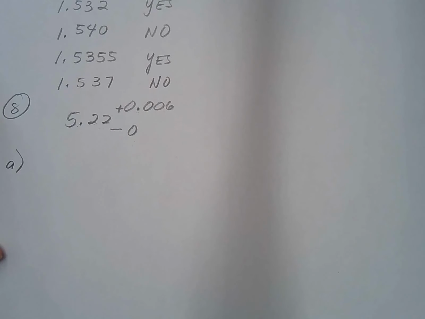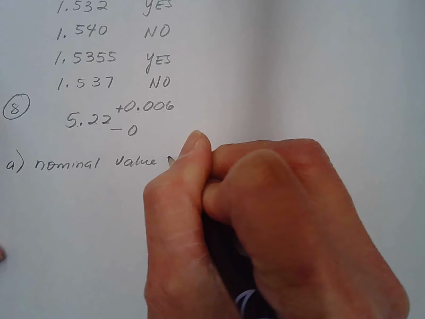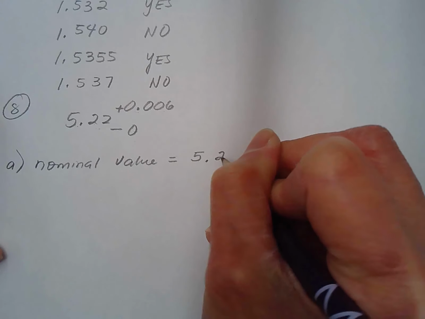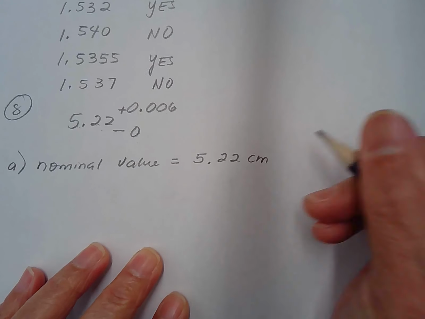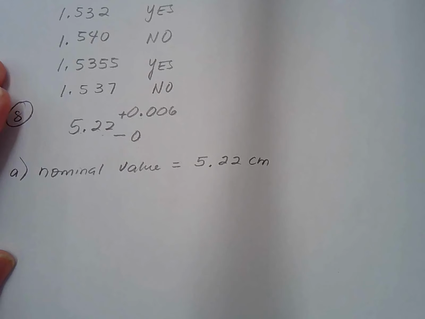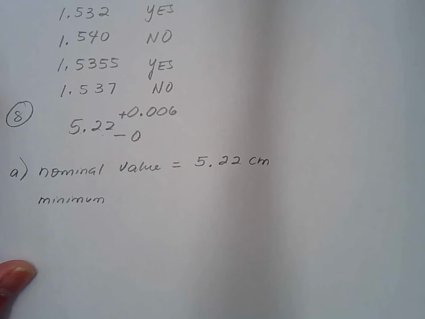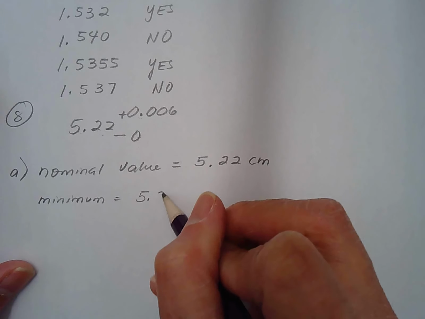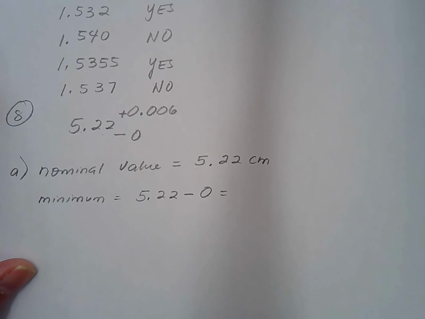So first one, nominal value. Nominal value would be, what are we hoping to get? We're hoping to get 5.22 centimeters. That's our target, our nominal value, our target value. Now we're trying to figure out the minimum value. Well, 5.22 take away 0.